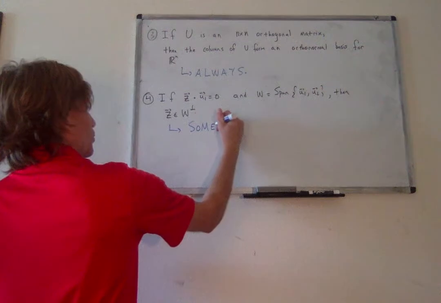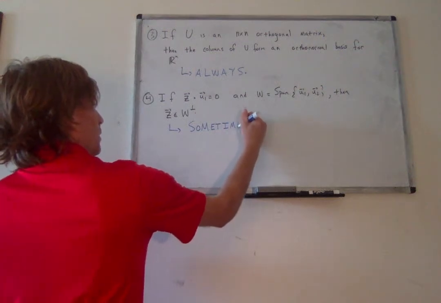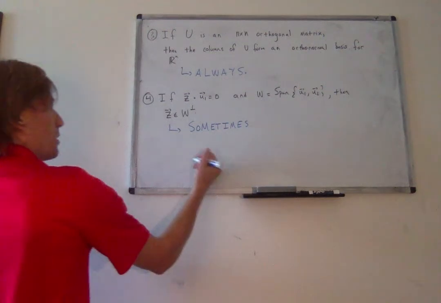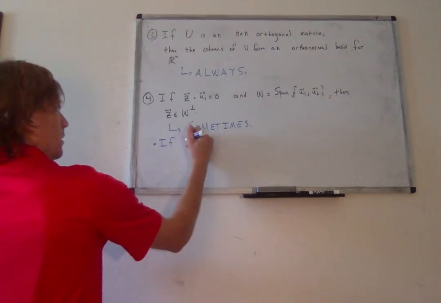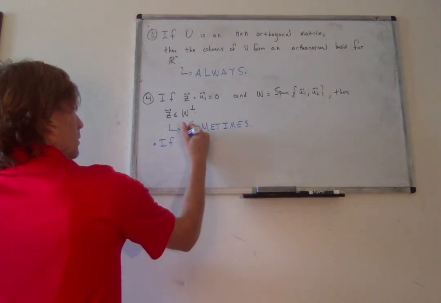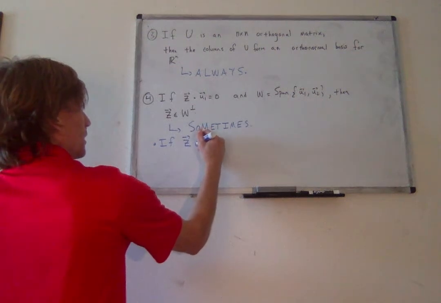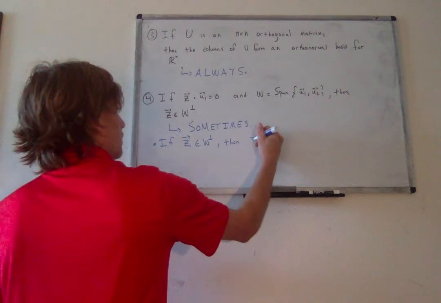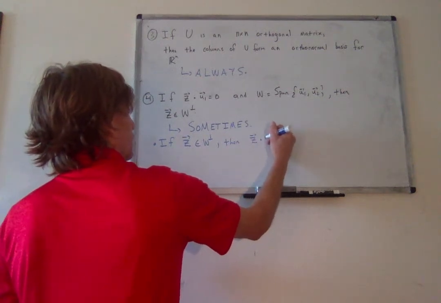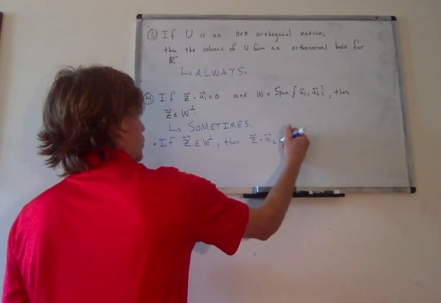This is sometimes true. The reason being is if Z is in W perp, then Z should also be orthogonal to U2.